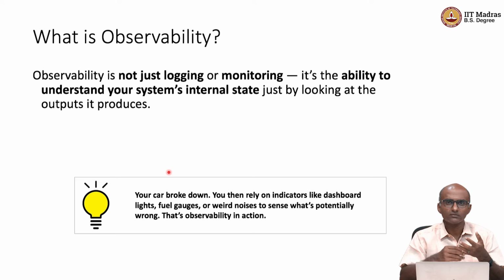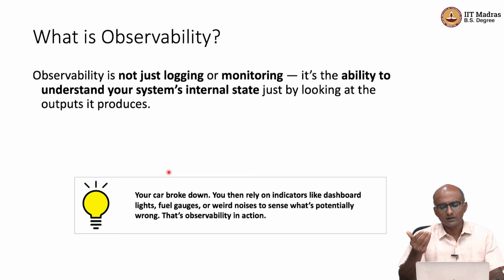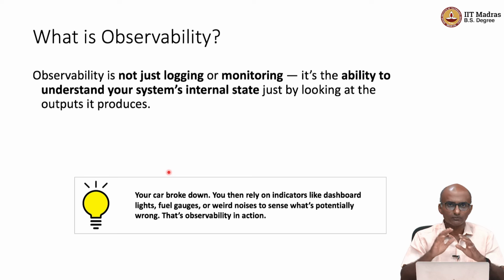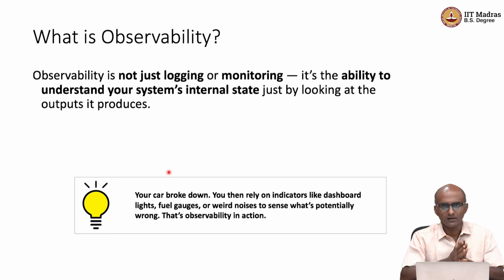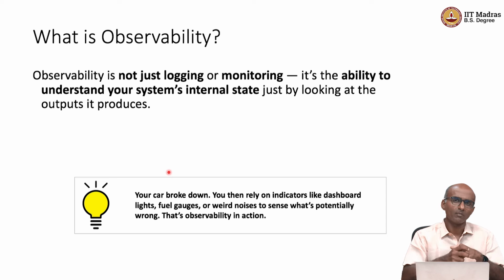If the fuel is really low, the fuel gauge is empty. If the oil needs to be changed, the oil indicator comes up. If the car is too hot, there's some other sensor. So these sensors become the medium for you to understand why the car has broken down. It might still not give you the clue as to the exact reason why the car broke down, but it might give you broad indications of what might be happening. So that's observability in action. That's one of the earliest examples of observability in the real world.